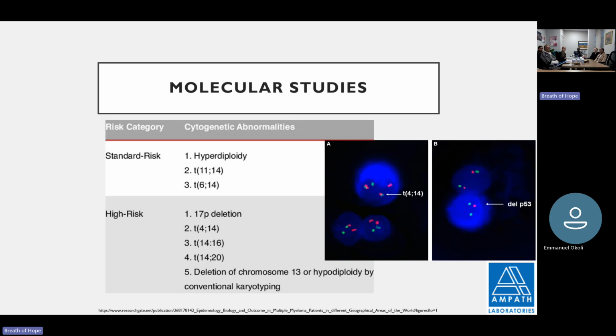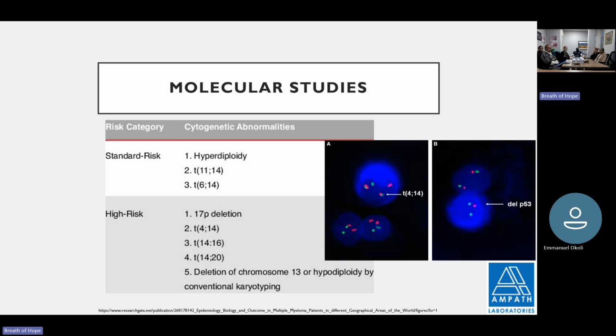Then there are other abnormalities that put these patients at very high risk: the 17p deletion, which is your tumor suppressor gene, as well as translocations 4;14, 14;16 and 14;20. I just want you to see that chromosome 14 is involved in all the abnormalities of a plasma cell, and it's because it carries the heavy chain of your immunoglobulin, where the switch occurs, causing the haywire production of the immunoglobulins.